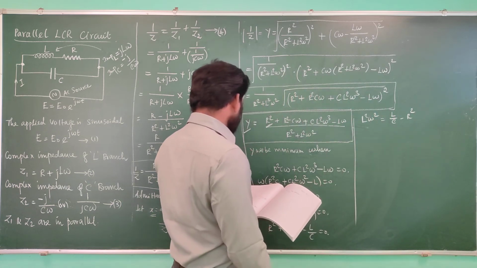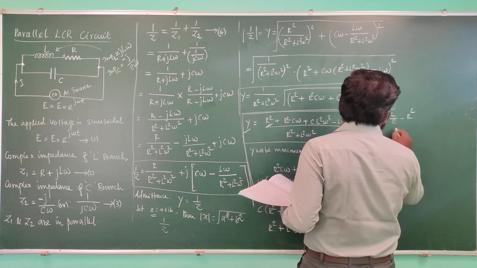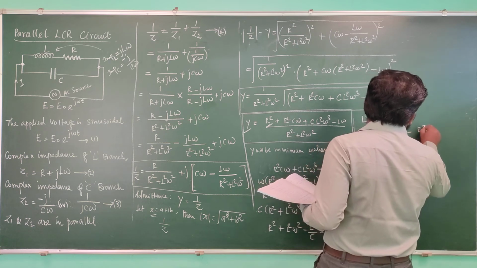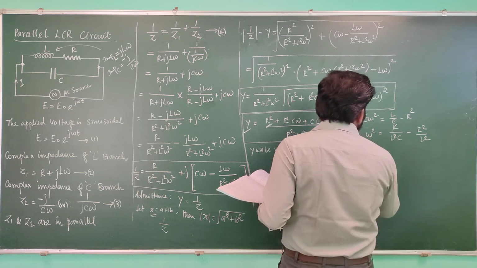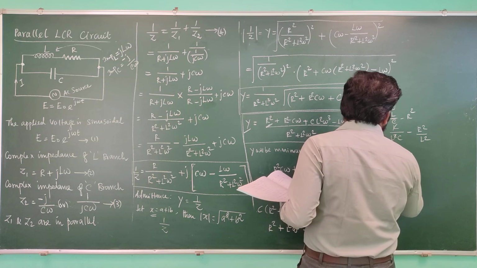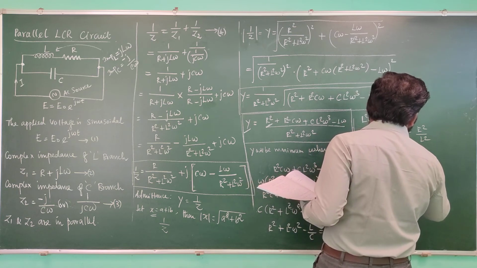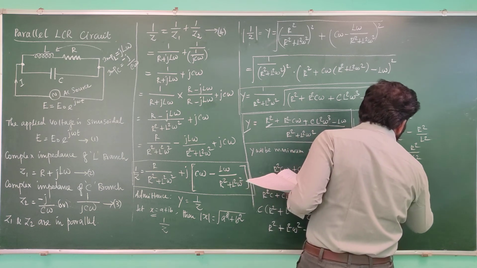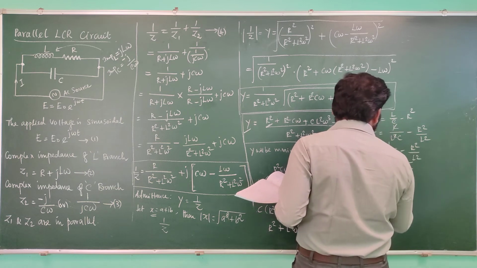If you want omega square, we can write l by l square c minus r square by l square. So l will cancel. So omega square equals 1 by lc minus r square by l square, or we can write omega equal to the square root of 1 by lc minus r square by l square.